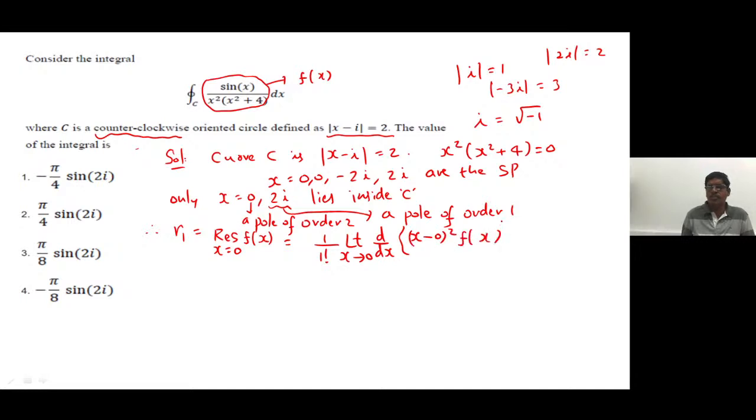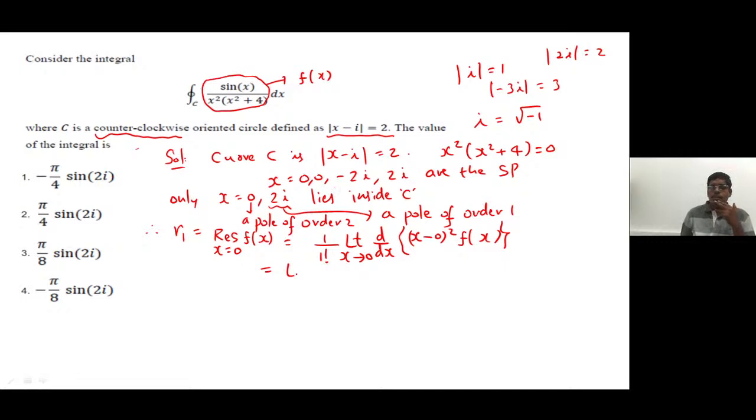Please refer to the definition of residue when it is a pole of order 2. When z is equal to a is a pole of order 2, then residue is calculated by 1 by (2 minus 1) factorial, limit x tends to a, d by dx of (x minus a) whole square f of x. So (x minus 0) whole square means x square, which cancels with the denominator of f of x.